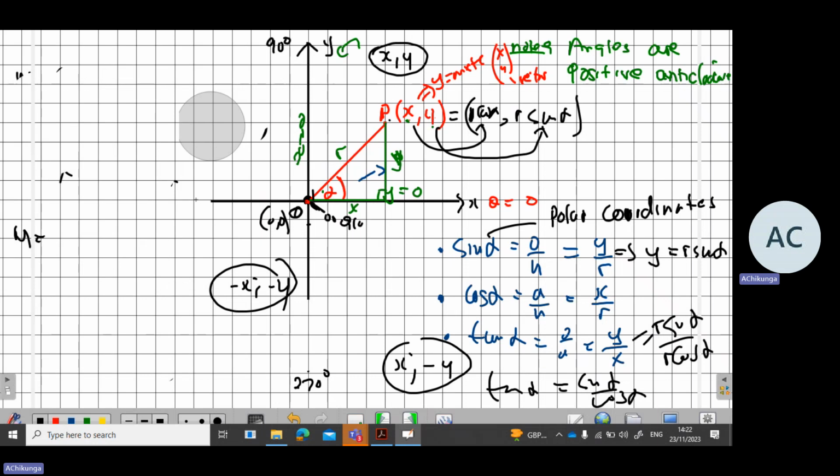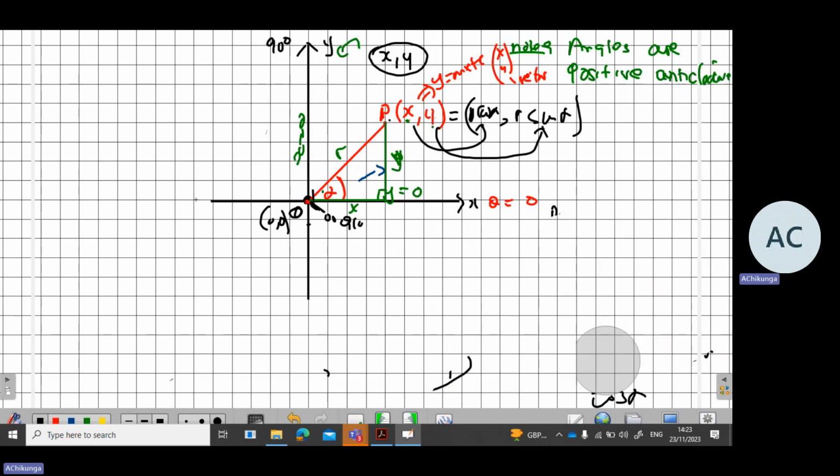Now, the next thing is, let me remove all this now. To find out, I can draw multiple triangles here. I can draw the same triangle in all these quadrants.